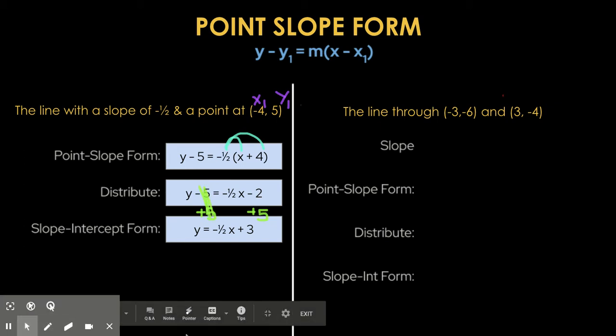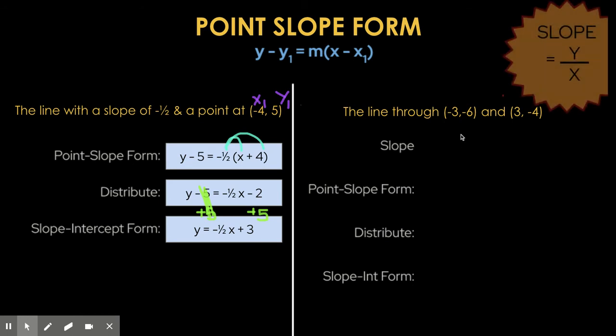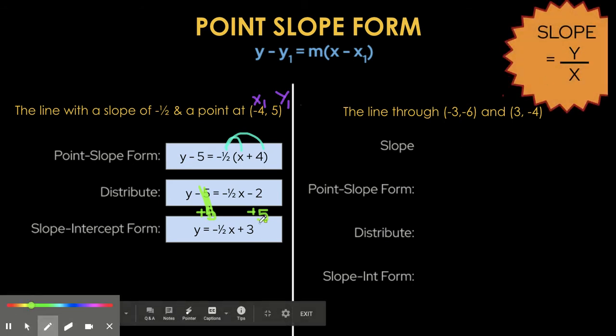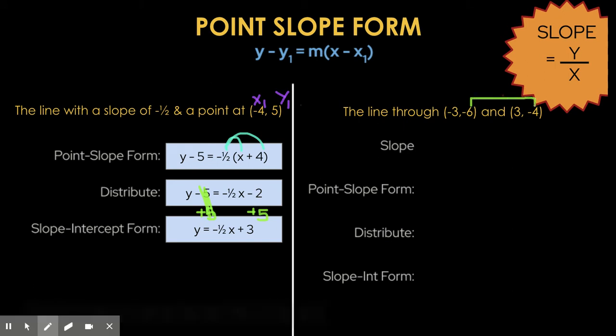Okay? And then I'm going to come over here and do the same kind of thing, except notice how this problem doesn't give you the slope. That means you want to find the slope. It's y over x. For the y's, you can look between these two numbers, negative 6 to negative 2, sorry, I rewrote the problem wrong.